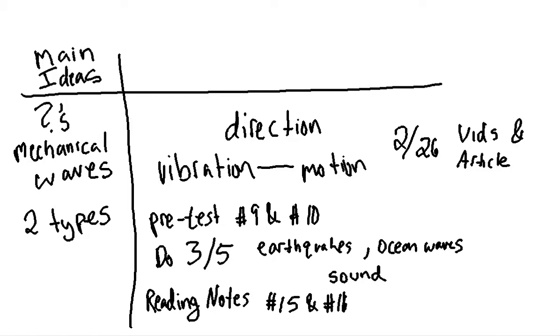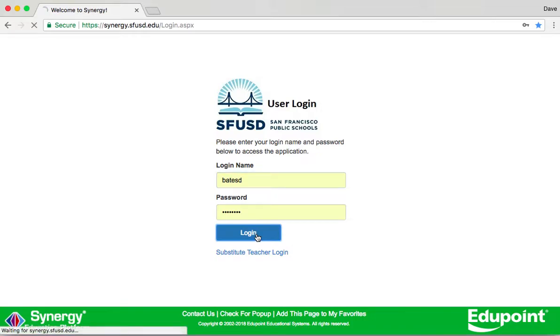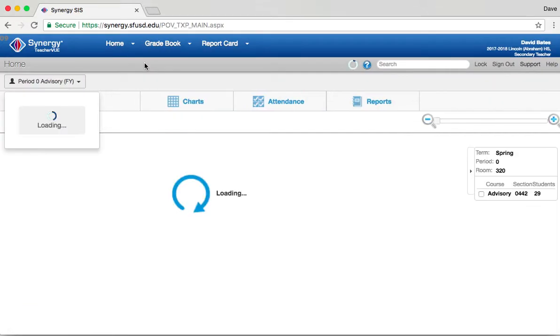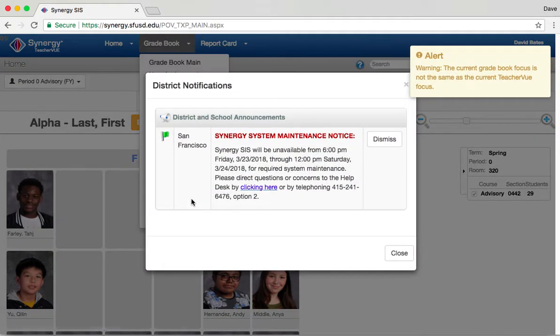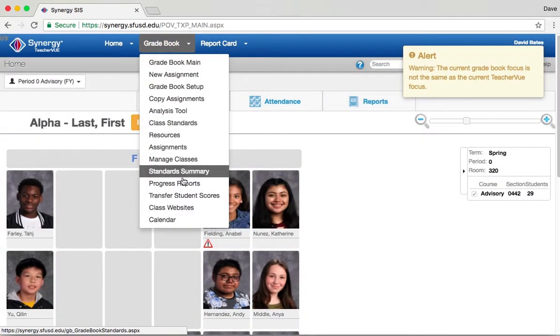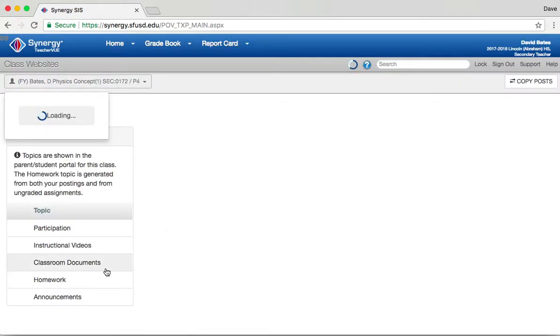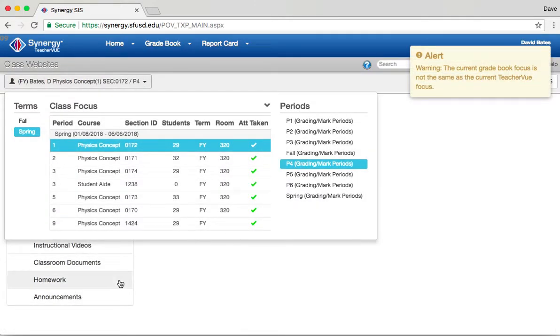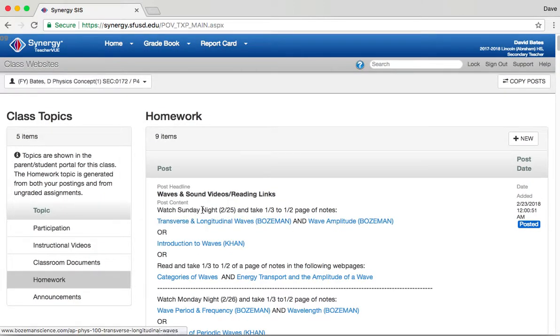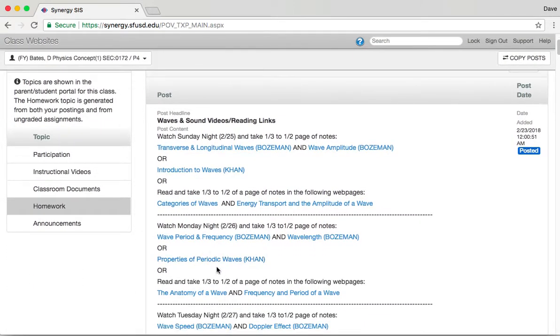So let me just show you what I'm talking about here. On Synergy, this looks a little bit different for you and me. We go to our class website, underneath homework. So 226 right here.